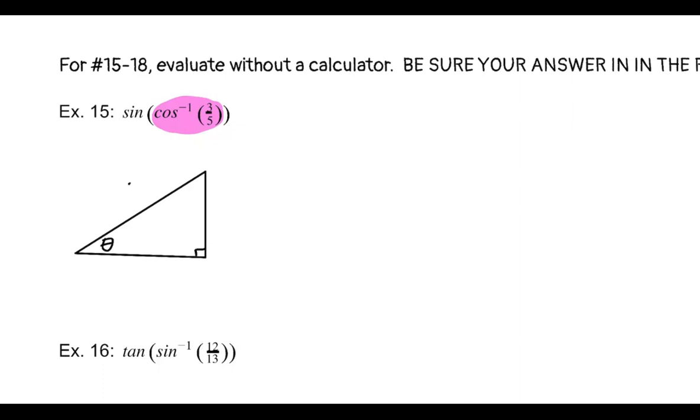Okay, so 5 is the hypotenuse. Great. Where do I put the 3? Okay, where does it go though? The horizontal side or the vertical side? The vertical side.